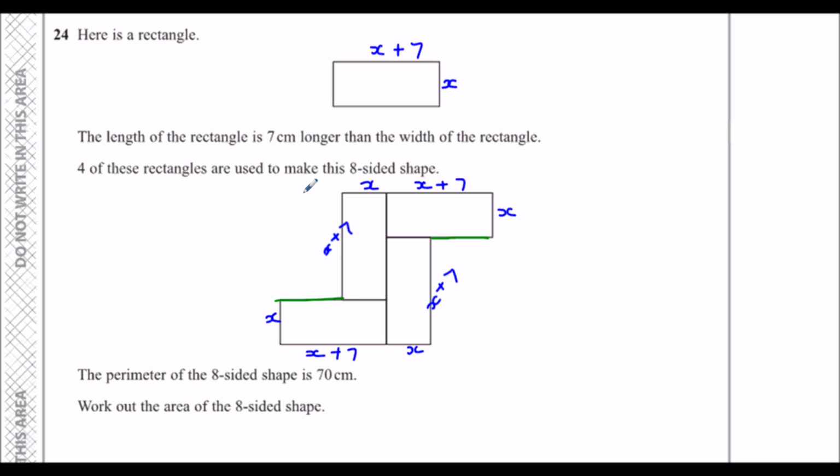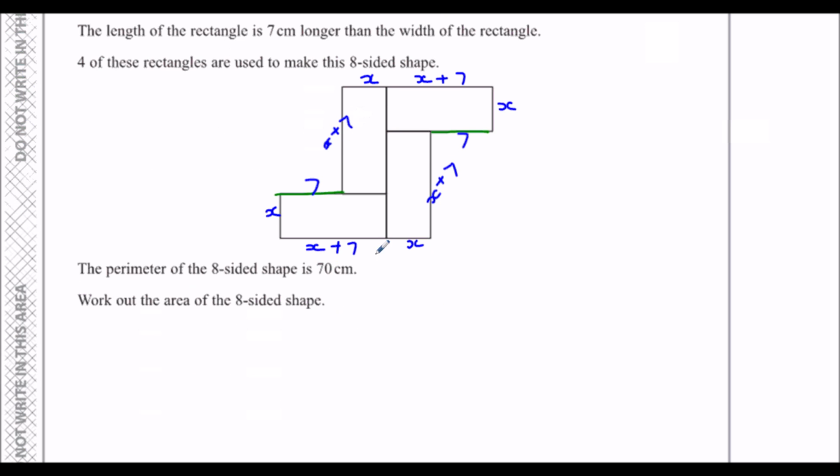If the whole length is x plus 7 and this part is x, then that green part there must be 7. So I'll cross off those x's because they aren't on the perimeter. So we've got x plus 7, x, 7, x plus 7, x plus 7, x, 7. We've got something written down for all of the parts on the perimeter.